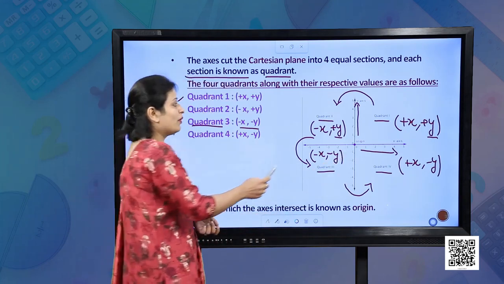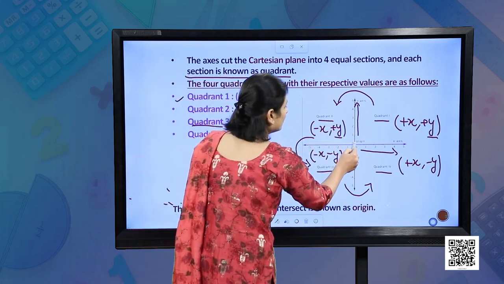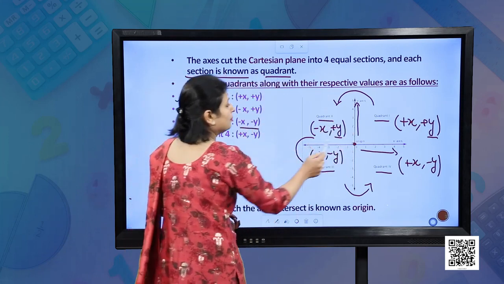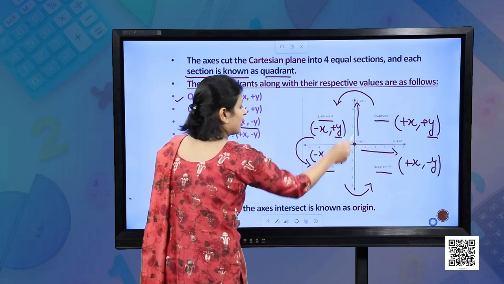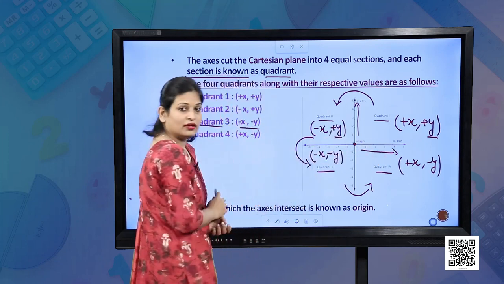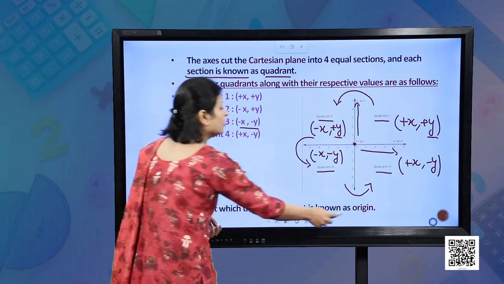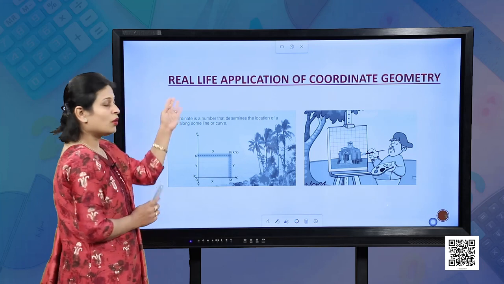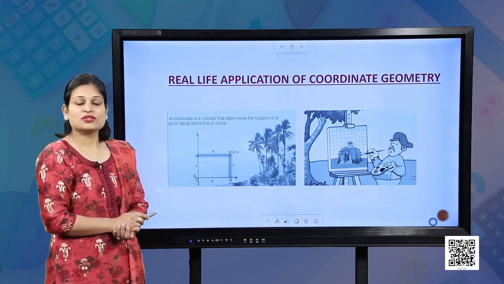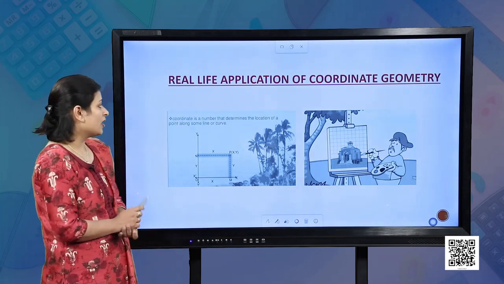Now, where does the origin come? When the two lines, x-axis and y-axis, meet at a point, this point is known as the origin. Now, what are the real life applications of coordinate geometry?